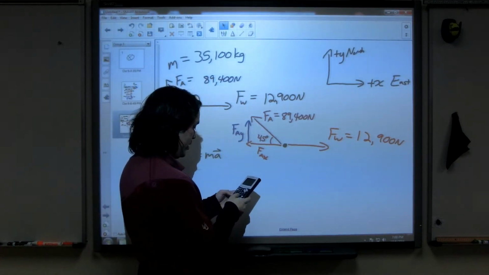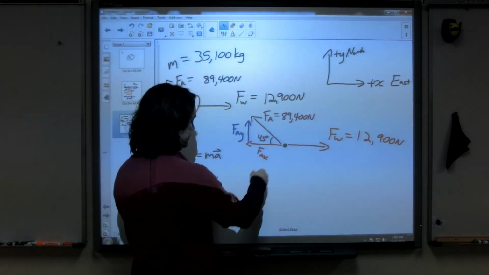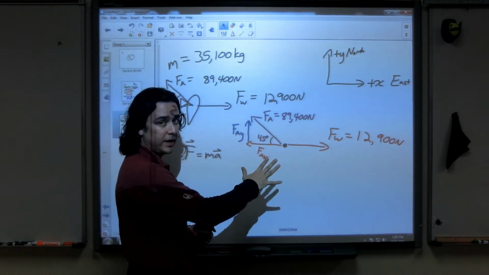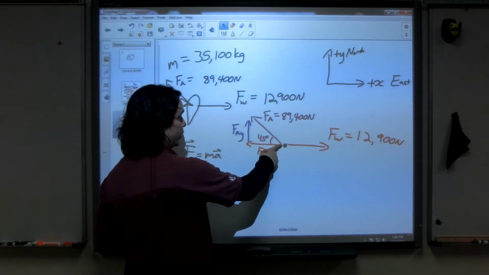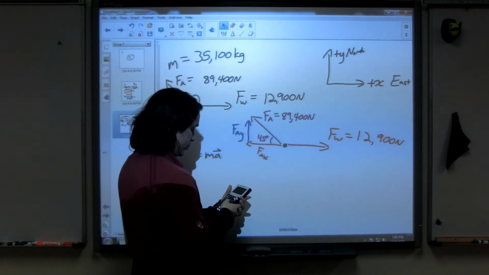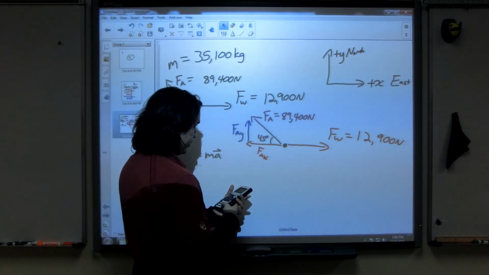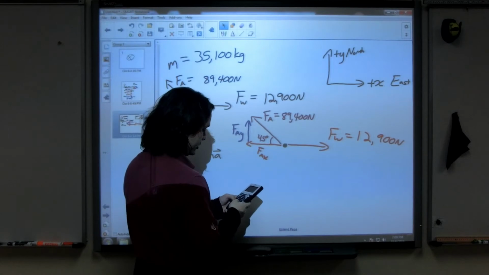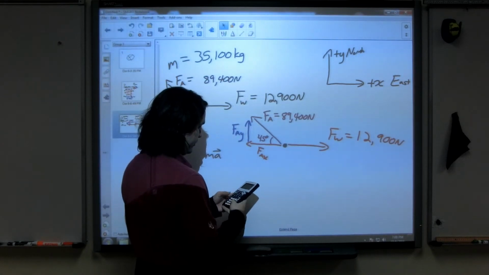For my x component, I'm going to use SOH CAH TOA. Also check out my vector videos for a reminder of how to work with vectors. But I'm going to use CAH, this is the adjacent side, so I'm going to do cosine of 45 degrees times my total hypotenuse, 89,400.